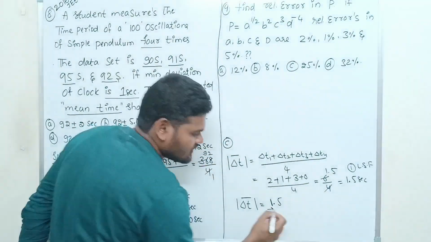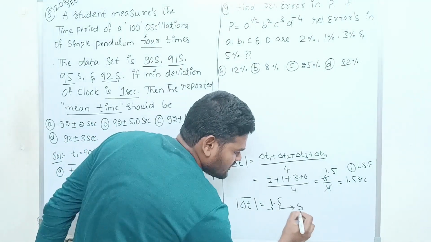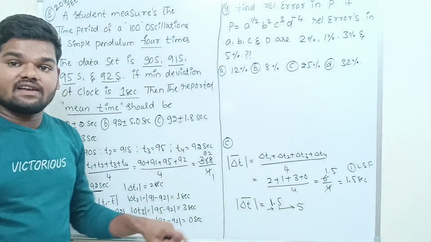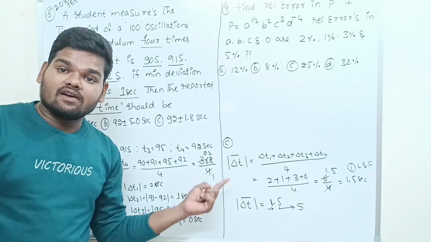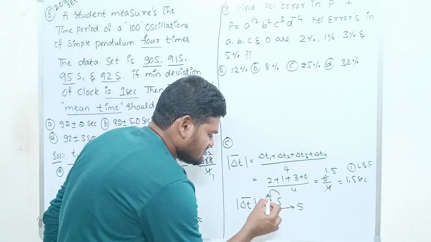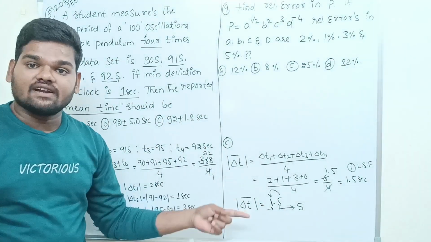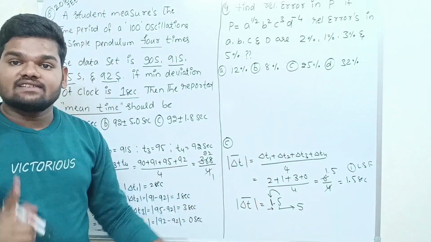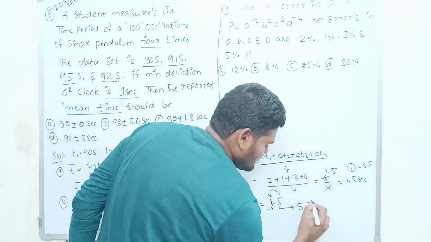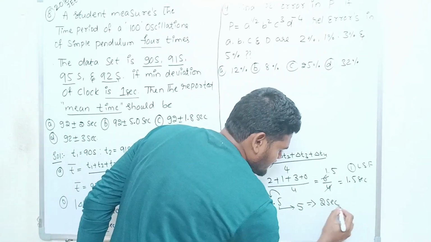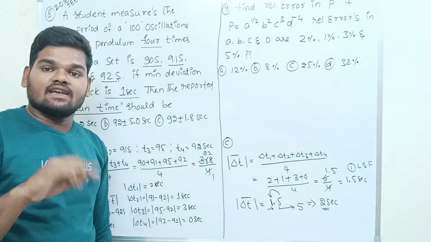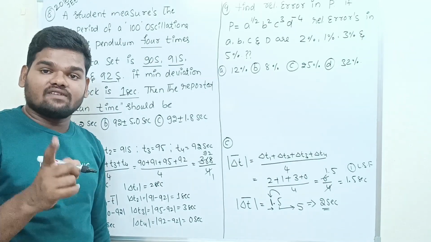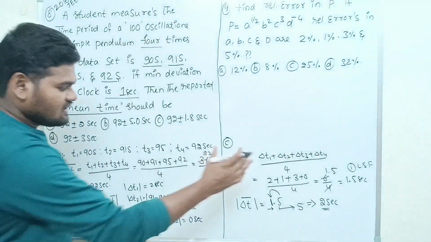What is the next digit? 5. If the next digit is 5, then we have to check whether the preceding digit is odd or even. The preceding digit is an odd number, that is 1. If it is odd, it is increased by 1. So delta T mean we get 2 seconds. Are you getting it? If you have any doubt, check the units and measurements, error topic, and significant figures by Rakesh sir. You will get all these things.